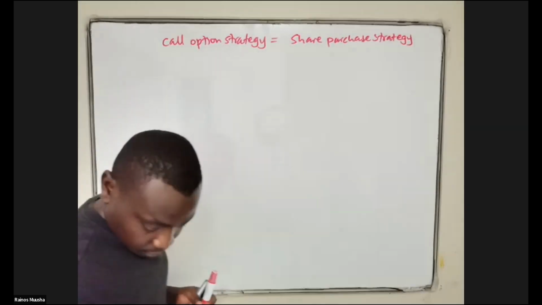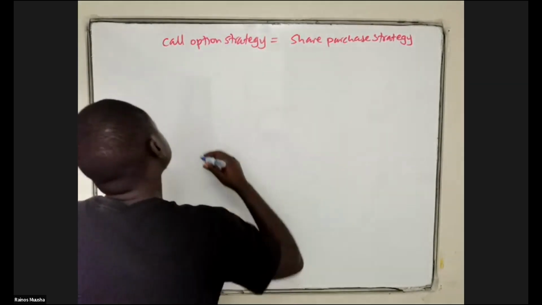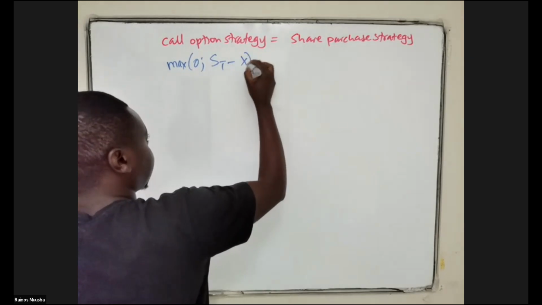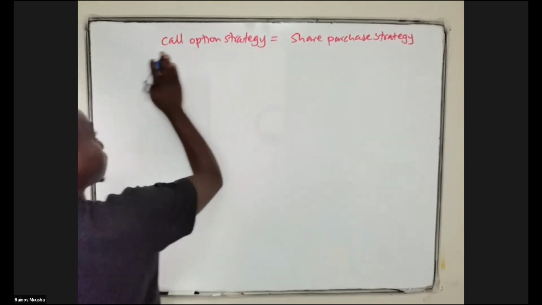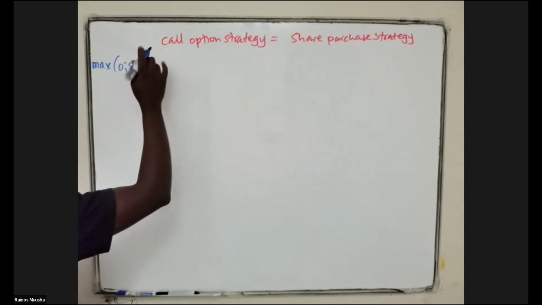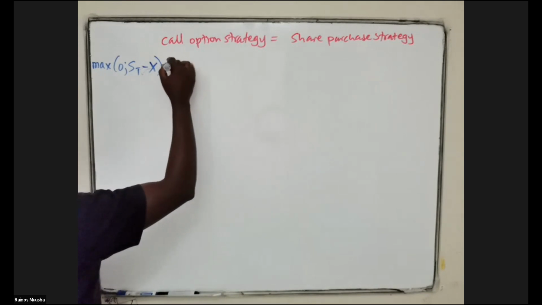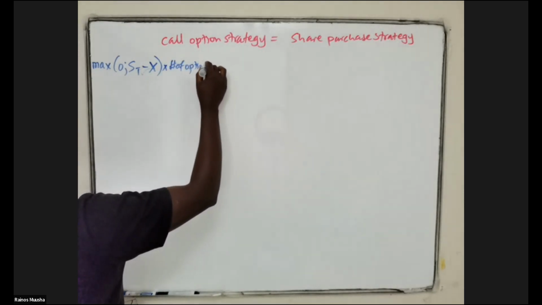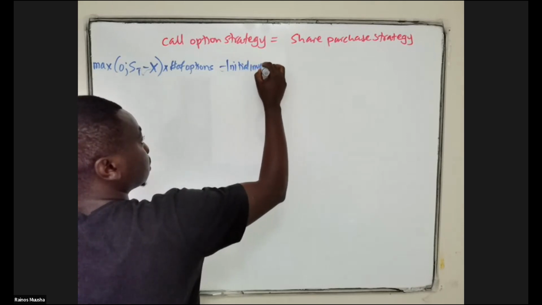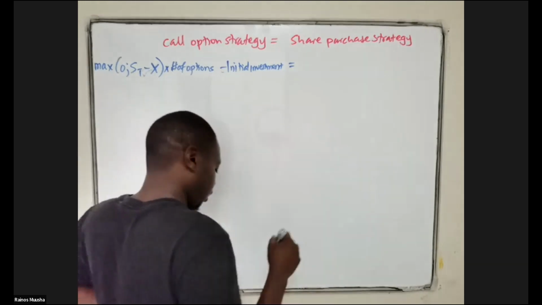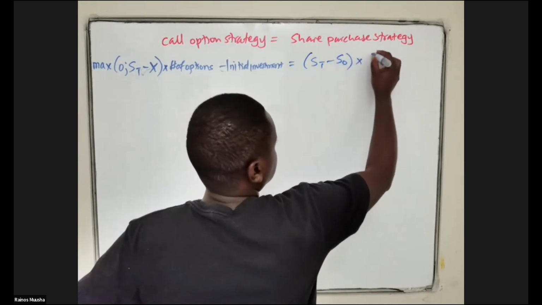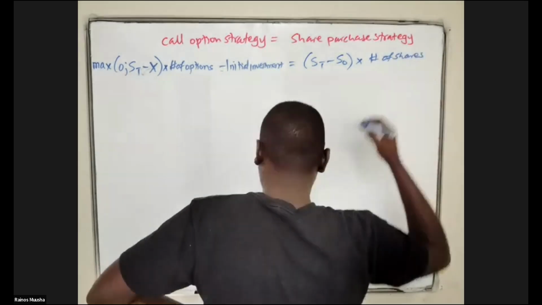And we know the payoff of the call option strategy is given as the maximum of 0, the spot price minus exercise price, times number of options, minus initial investment, should be giving the same payoff as the spot price at the end minus the spot price at the beginning times number of shares.